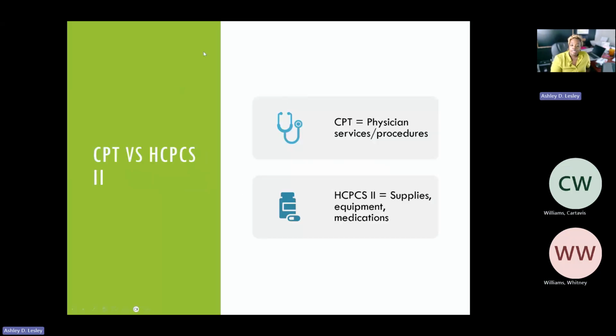All right, as we said before, CPT codes is the physician services and procedures. What's the diagnosis? What's the ICD-10 code?